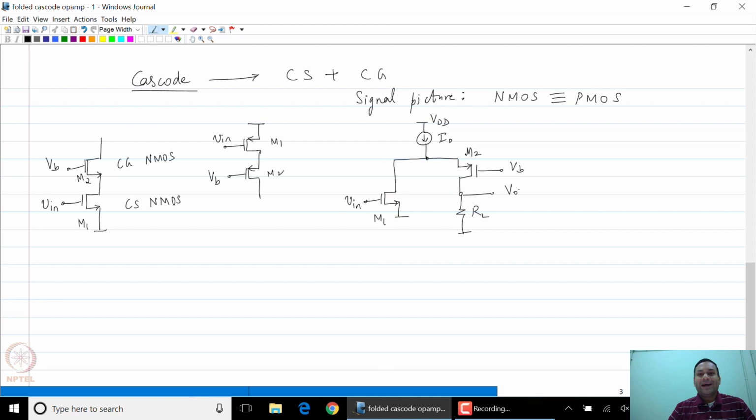Now, what are the bias conditions of M1 and M2? So as you can see, if M1 needs a bias voltage at its gate, which maybe I will represent as VB1, and this will cause some current I1 to be the bias condition for M1. So therefore, the current through M2, which is I2, is given by I0 minus I1.